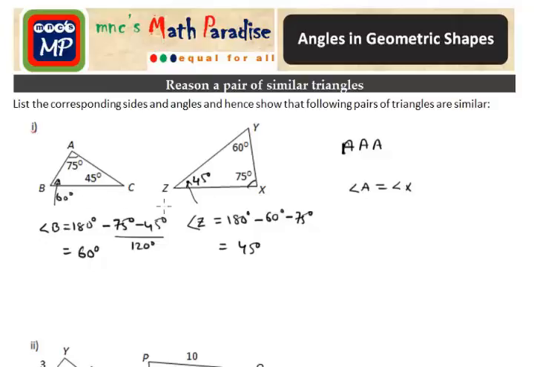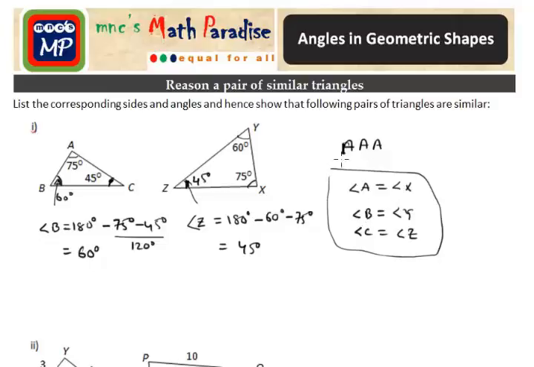So after calculating this angle, you can see that angle A corresponds to angle X, angle B is 60 degrees and angle Y is 60 degrees, so angle B equals angle Y, and angle C is 45 degrees, angle Z is 45 degrees, so angle C corresponds to angle Z. So here the three angles are corresponding angles, and under this AAA condition, that is three angles equal, these two triangles are similar.